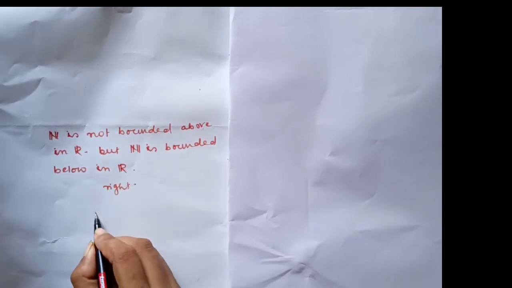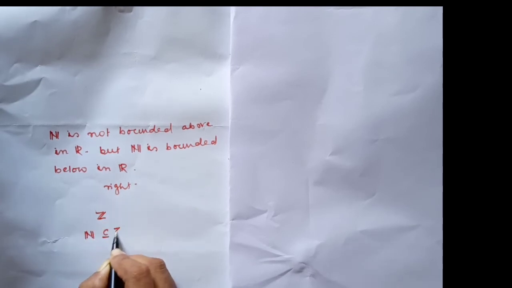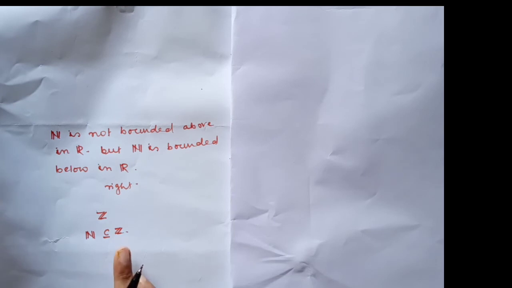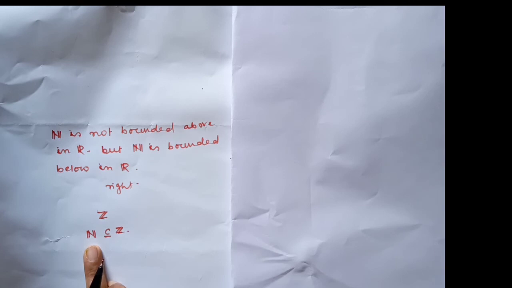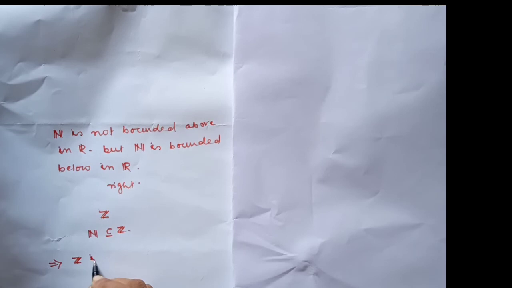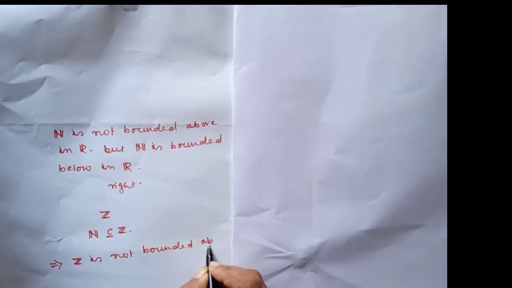Let's look at Z. N is contained in Z. Z is not bounded above because any upper bound of Z is also an upper bound of N, but N has no upper bound, so Z is not bounded above, right?